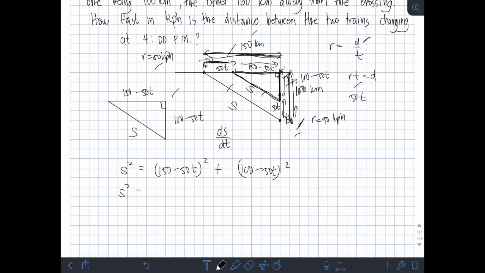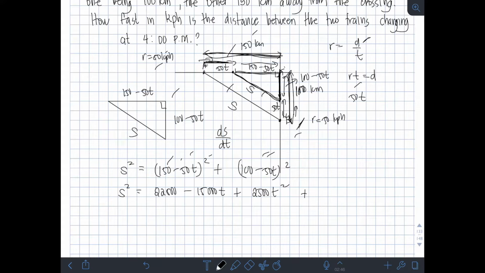So, simplify. S square is equal to square of a binomial. So, 150 square, so ano yun? 22,500. Minus 150 times negative 50T times 2 is what? 15,000T. Plus, square nitong 50T is 2,500T squared.